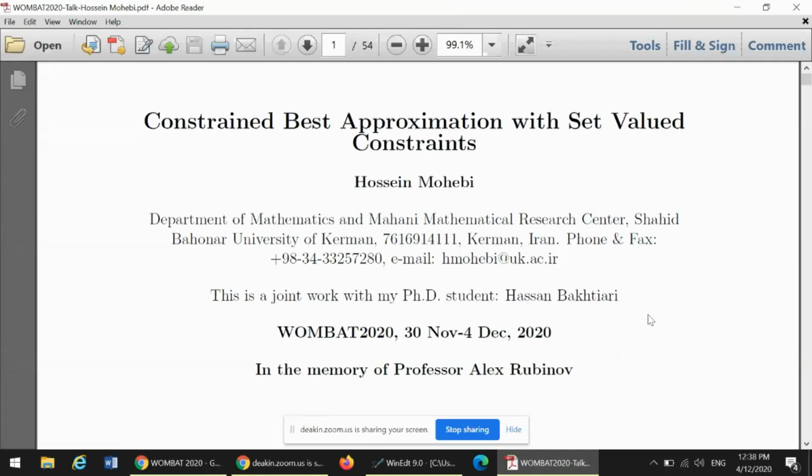My talk is on constraint-based approximation with set-valued constraint. In fact, many works have been done on constraint-based approximation by many authors. Some authors are Deutsch, from 1982 to 1997, has done several works on constraint-based approximation.